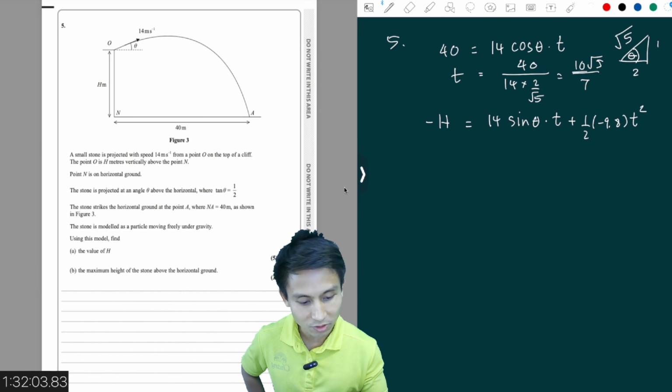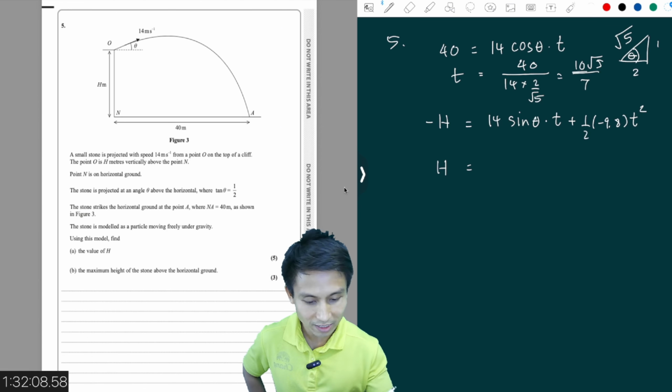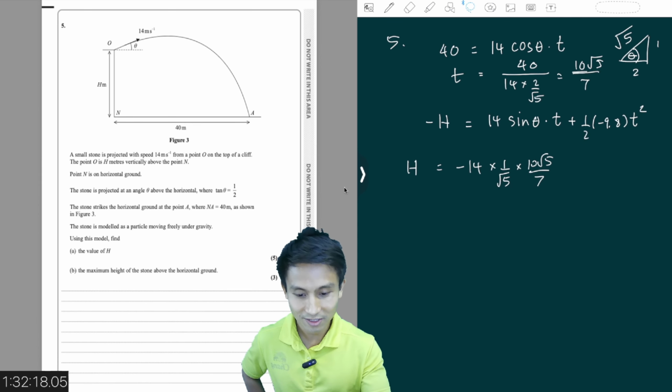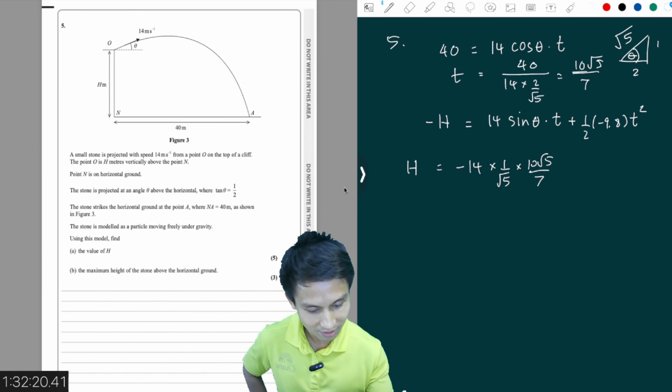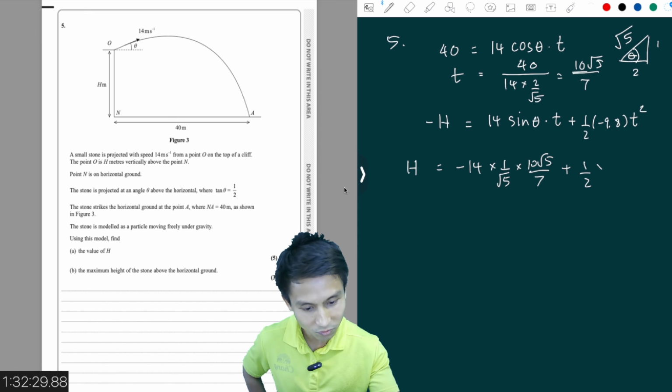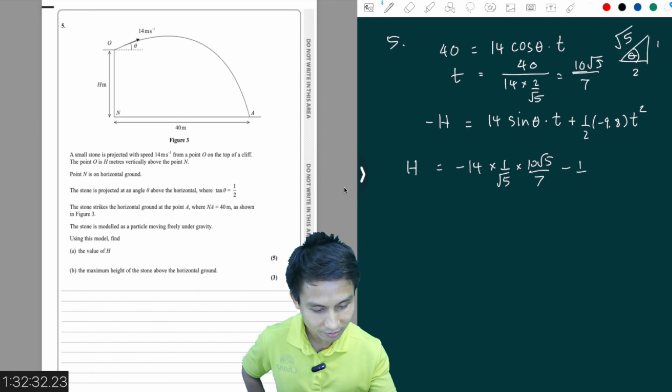And then we're going to use the T to find the H. So H will be equal to, taking all the negative signs there, 14 times sine, which is 1 over root 5, times T, 10 root 5 over 7. There is a reason why I don't use decimals here, because sometimes you can get cancellation like I'm getting now. Oh, this should also be a negative. Almost forgot. And T squared is just that.